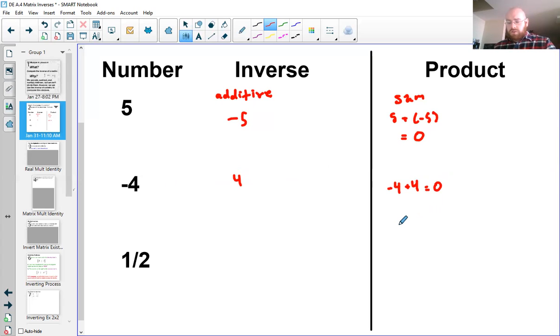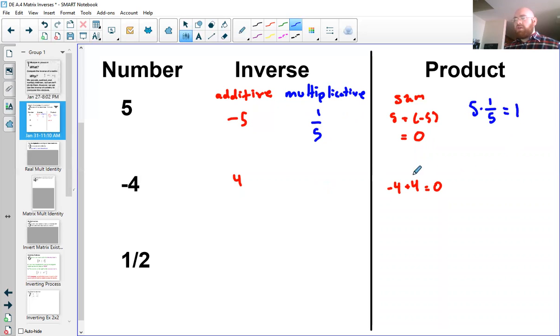But since we want to get something that will work like division, we need to think in terms of multiplication. So the multiplicative inverse is the reciprocal of a number. And when we multiply 5 times 1/5, we get 1. The multiplicative inverse of -4 is -1/4.